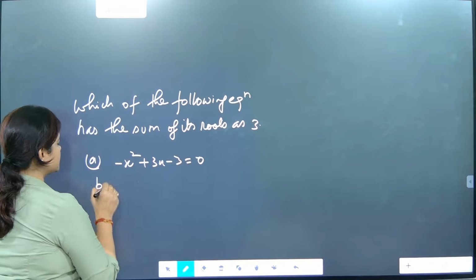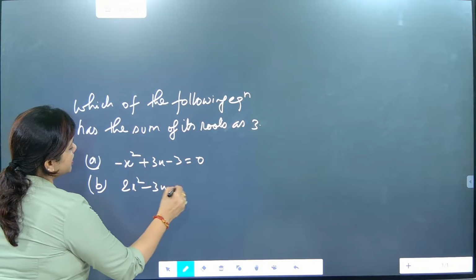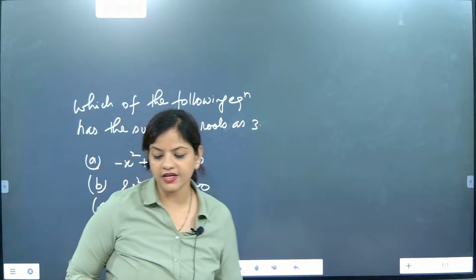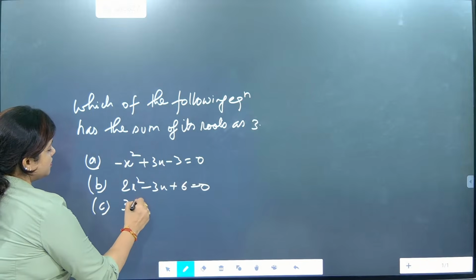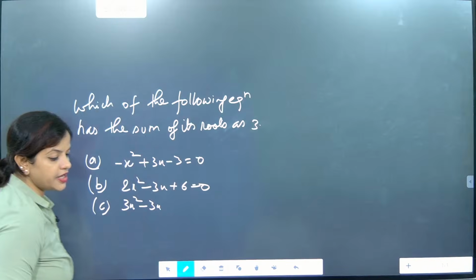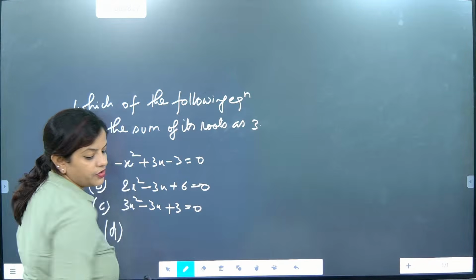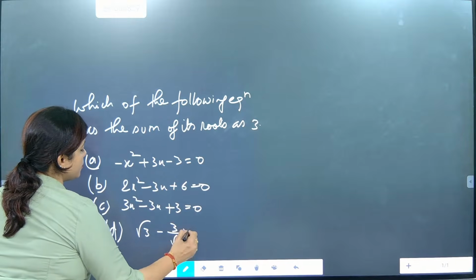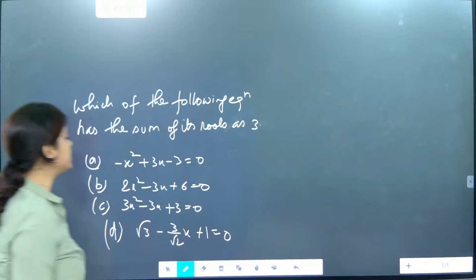Second: 2x square minus 3x plus 6 is equal to 0. Third: 3x square minus 3x plus 3 equal to 0. And fourth option: root 2 x square minus 3 by root 2 x plus 1 equal to 0. Now come on, tell me what is the correct answer.